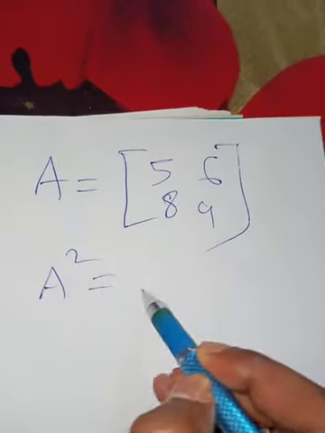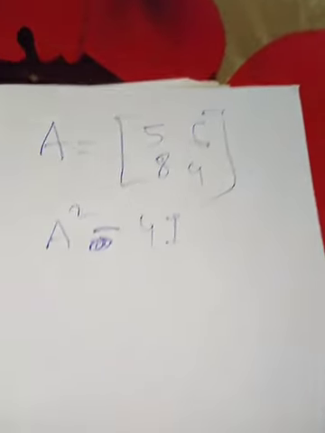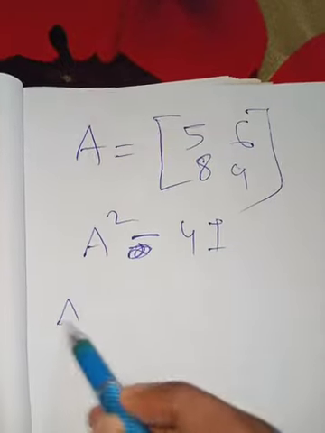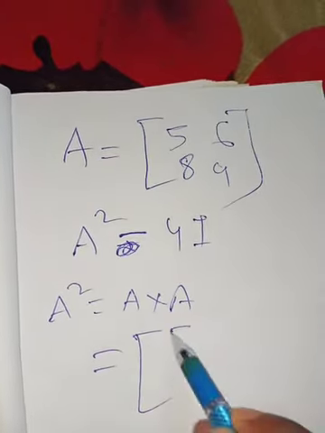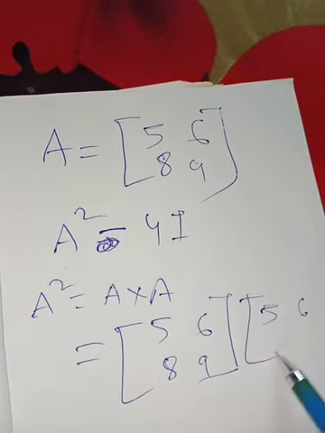Find A square minus 4i. First find out A square. A square means A into A. That means 5 6 8 9 into 5 6 8 9.